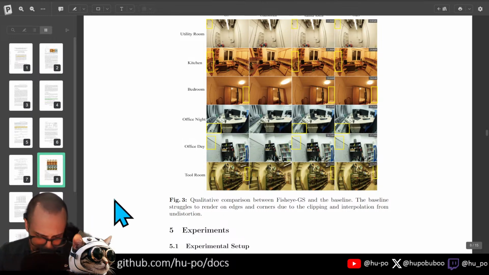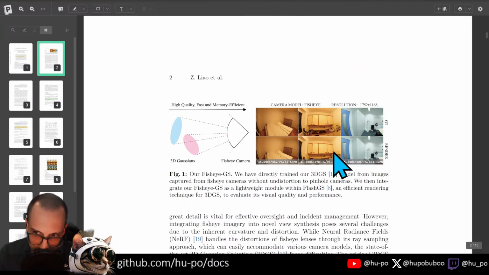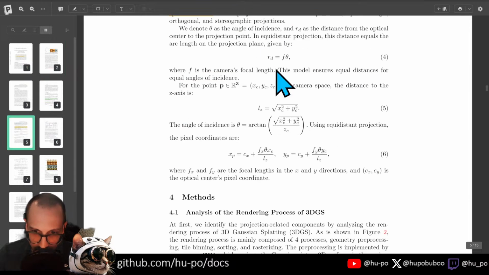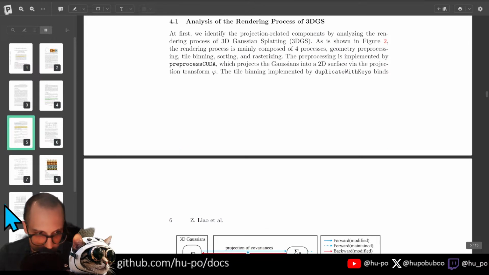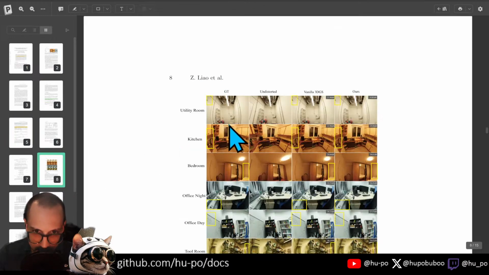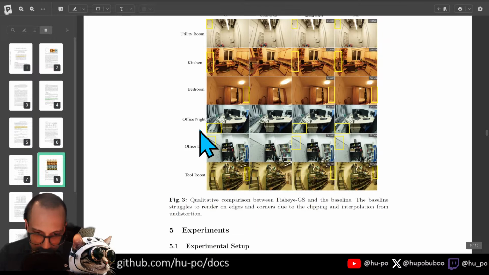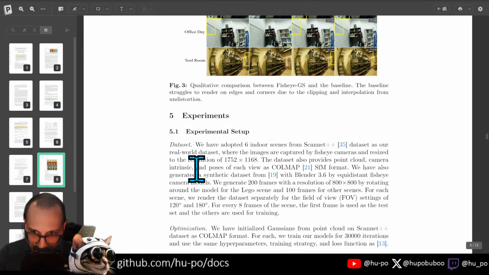But it's kind of annoying to use fisheye cameras because you have to rectify them or warp them to get rid of this weird fisheye effect. So in this paper, they basically figure out how to take images that are coming from a fisheye camera and use them as the images that you would use to then train a Gaussian splat.